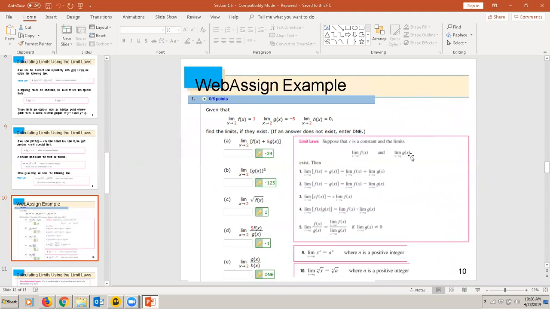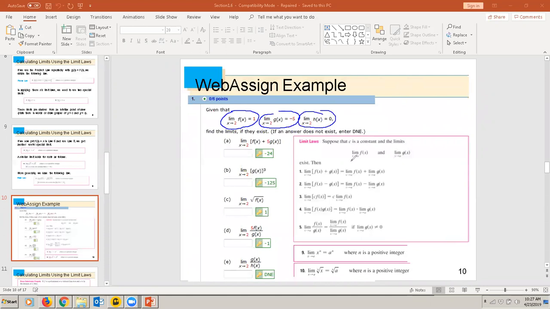Let me pick one or two of these examples to do. And notice here on the top, they're giving me the values of the limit. So the limit as x approaches 2 of f of x is 1. The limit as x approaches 2 of g of x is negative 5. And the limit as x approaches 2 of h of x is 0. All right, let's do part A. For part A, they want to know the limit as x approaches 2 of f of x plus 5g of x.